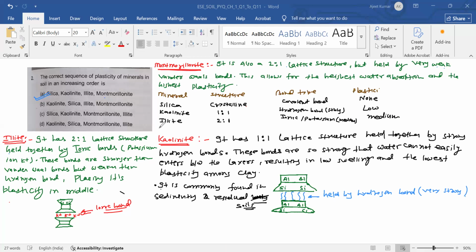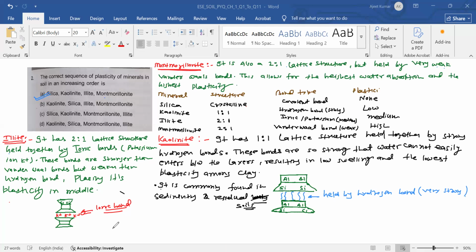And in the case of montmorillonite, the mineral is 2:1, and the bond type is van der Waals bond, that is weak. This is strong, this is medium, this is weak. Okay, and the plasticity is highest.